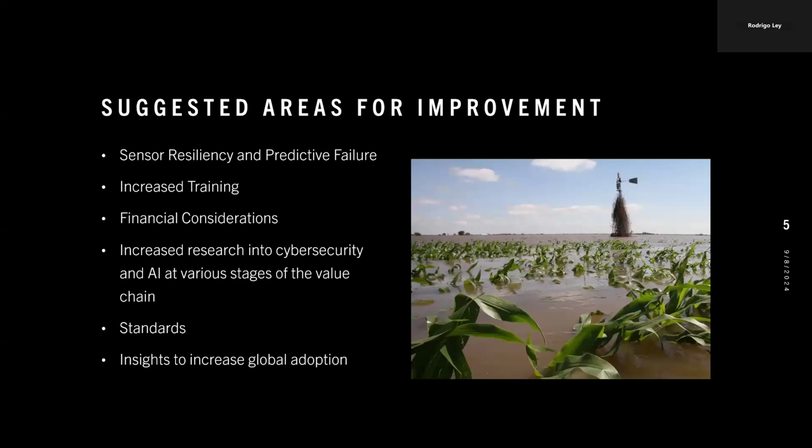So climate change, farming practices, food security, these are global issues that transcend borders, and it's not just a developing country issue. It's not just a developed country issue. This affects a wide range of countries and policy, and etc.